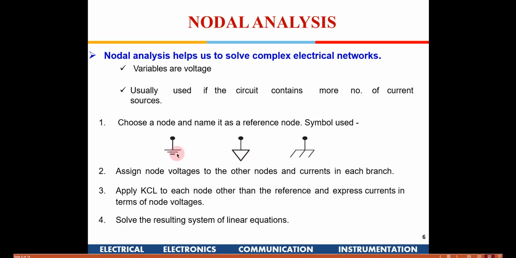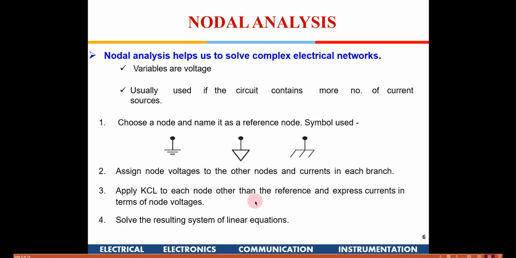We can use one of these symbols, which all represent a ground, wherever we place one of the equipotential nodes as ground. Once we have done that, we apply KCL to each of the nodes, get different expressions, and solve them.